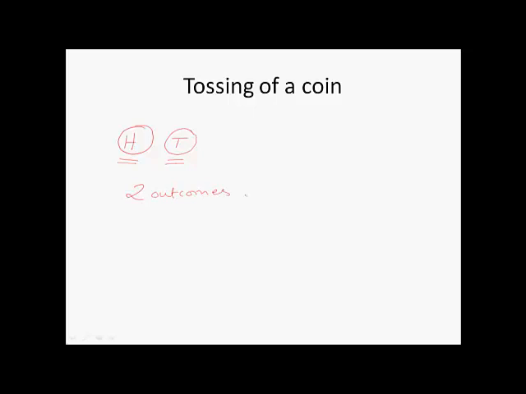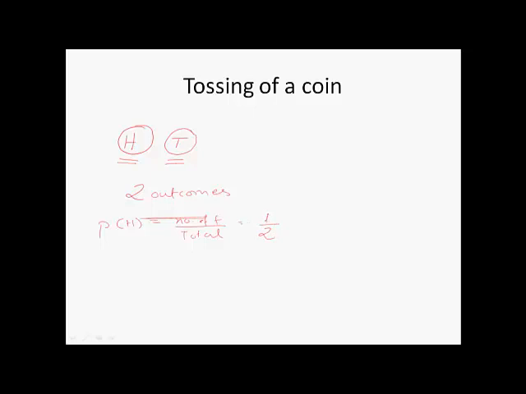So if I ask what is the probability of the coin showing a heads, then we already have seen that the formula for the probability is the number of favorable outcomes divided by the total number of possible outcomes. In a single coin, there are only two possible outcomes, out of which we require only the heads.